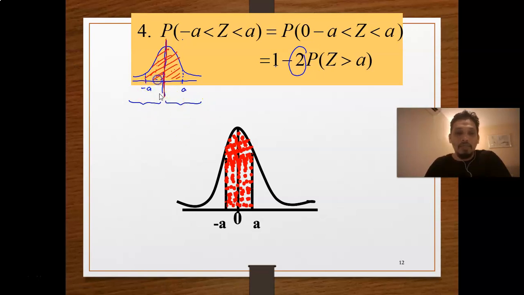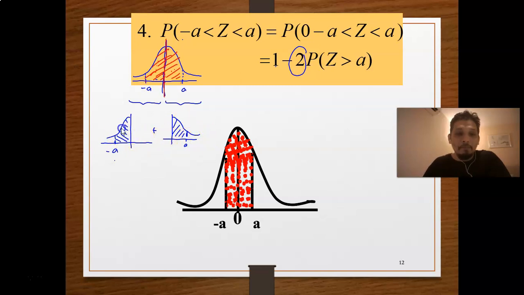The first one here, I take the half of this A, plus this part here, also A. This is negative A and A. The whole area of this half is 0.5, and the whole area of the other half is also 0.5.